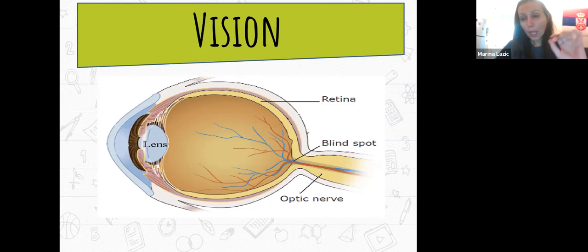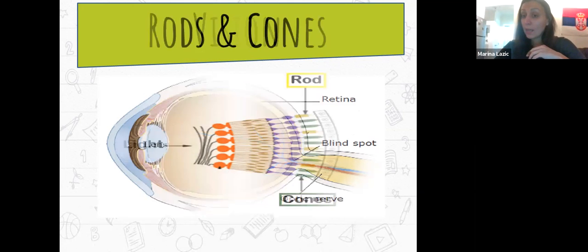Then at the end, where the optic nerve exits the eye, there is a place called the blind spot. The blind spot does not have any photoreceptors, any rods, any cones. That's the place where the optic nerve gets out of the eye and enters the brain, because the optic nerve is the guy that connects the eye and the brain.